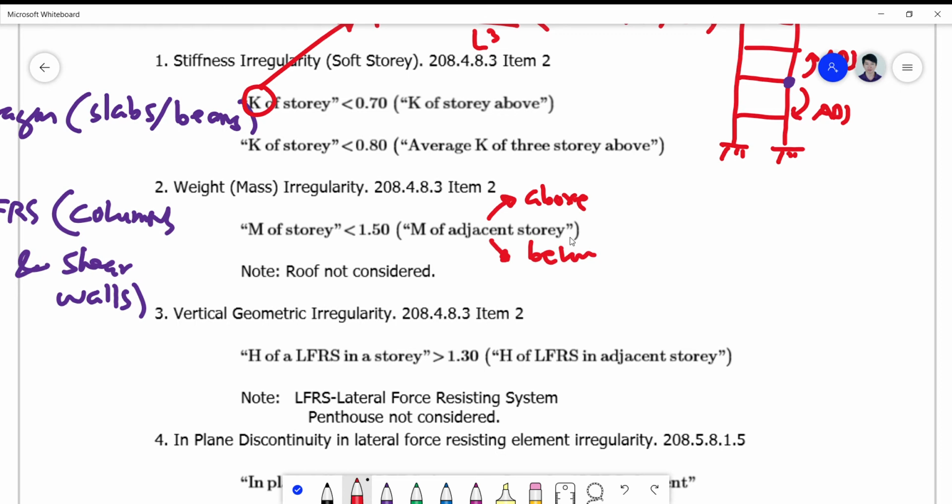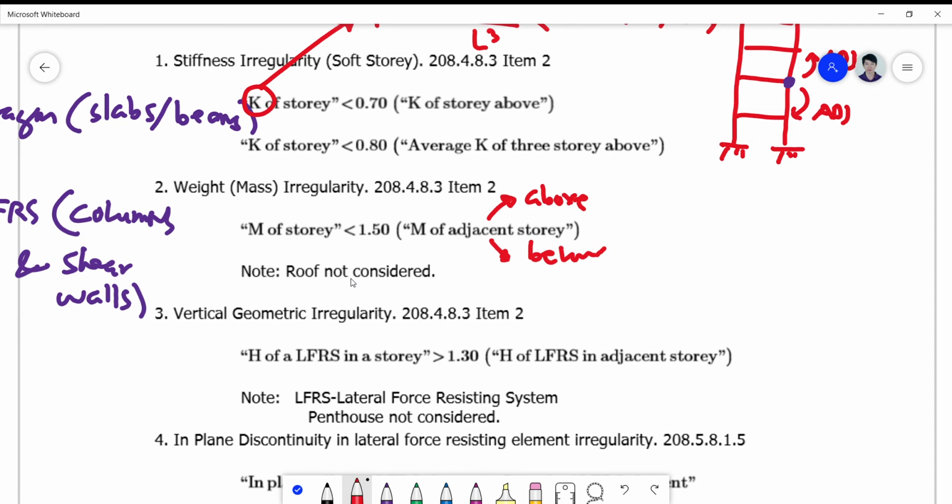That's the difference between a specific term like above and the term known as adjacent. Of course, there's a note here that if it is a roof, you don't consider it as an irregularity because roofs are very light compared to floors.